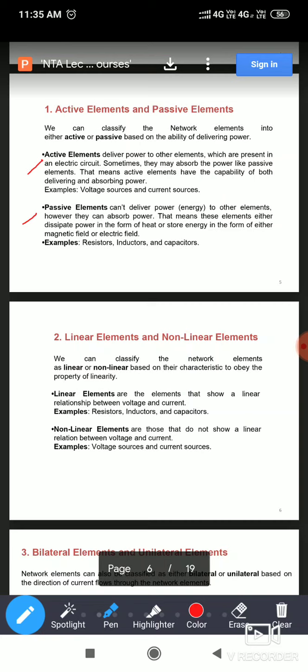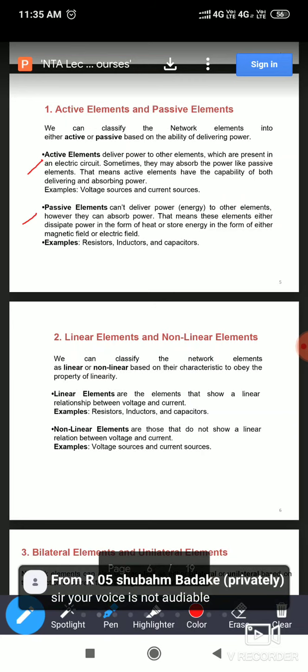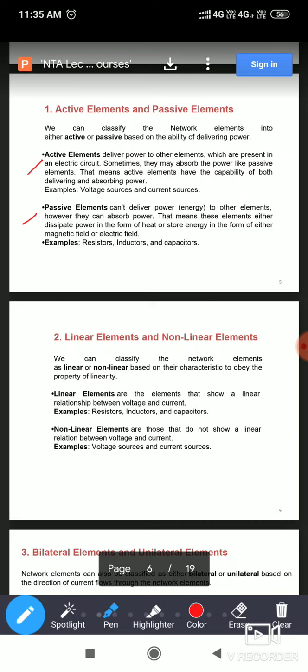Obviously resistors, inductors, capacitors. Do you understand? These are called passive elements. They are always ready to absorb energy from the circuit. They don't have their own energy. So resistors, inductors and capacitors are the three passive elements which absorb energy. They cannot deliver energy.